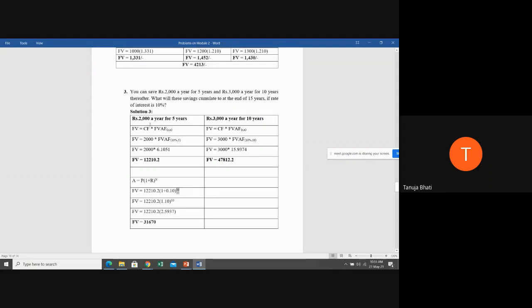So this 2,000 has traveled up to 15 years and we have reached the future value. This is only 10 because the saving of 3,000 a year is for 10 years thereafter. Thereafter means already 5 years have passed, and after 5 years, this 3,000 has been deposited. So already 15 years has been completed for this particular thing.